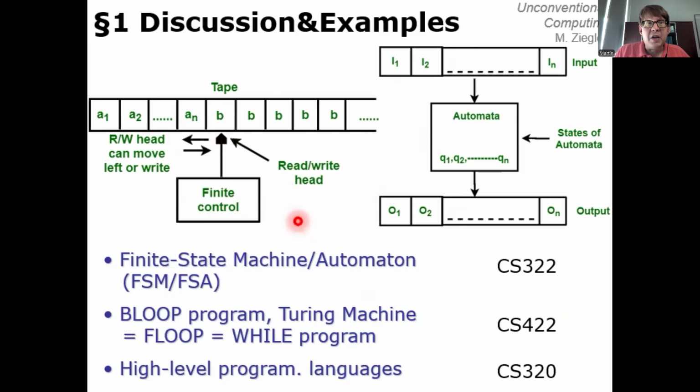And the main difference is that a Turing machine has this tape for additional memory, and the tape is unbounded. It's a subtle thing. It's not necessarily infinite, but it is unbounded. So it's bounded to the left, it starts here. And whenever the machine goes right and it encounters a new cell, then this cell is implicitly considered to be initialized with a blank symbol, for example.